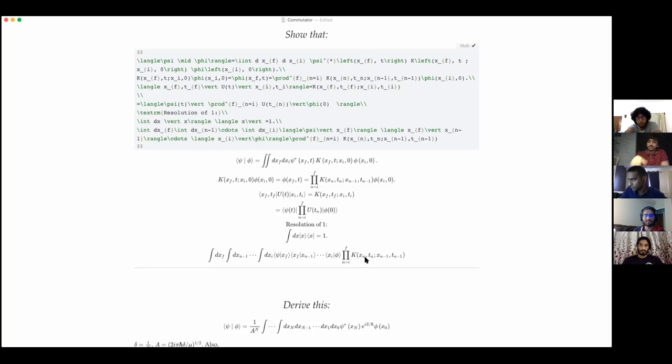Now, we agree that these k's are just the matrix elements of u's. So what were the matrix elements of u's? The matrix elements of u's was e to the power iHt, where H is now just a function of x and p. Now, that's a weird function to write down because we only have position eigenstates, which means that any function of p will be a function of the derivative operator.